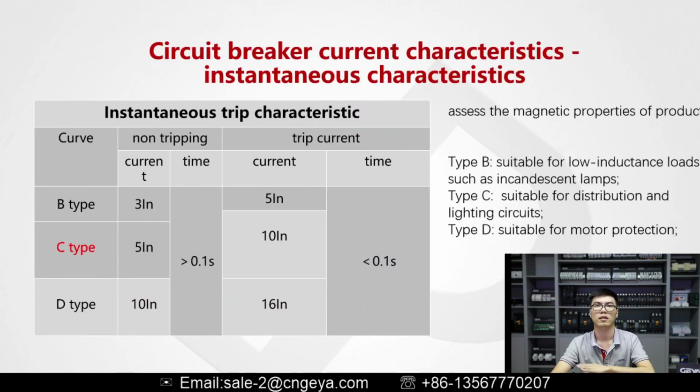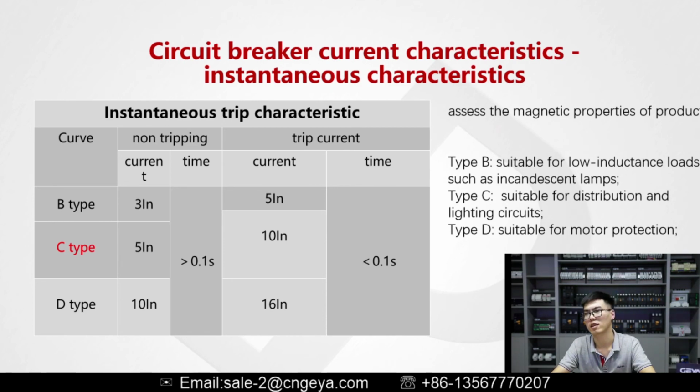And next is a very important quality characteristic: the circuit breaker current characteristic. First, it is the instantaneous characteristic. As I have just mentioned, we have code B, code C, code D. These 3 different types.